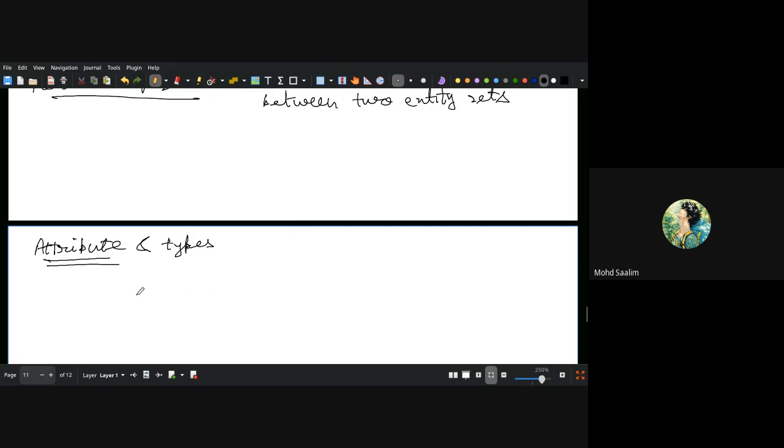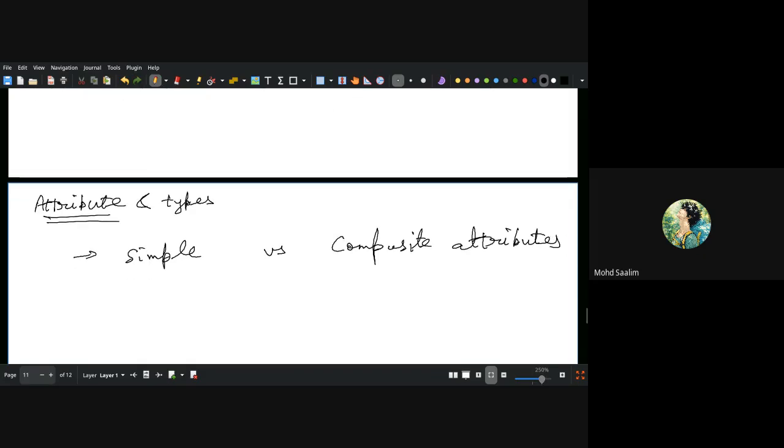So let's first understand the difference between simple and composite attributes. Okay. Let's first understand simple attributes. What are the simple attributes? So you see, simple attributes are those type of attributes that are atomic.